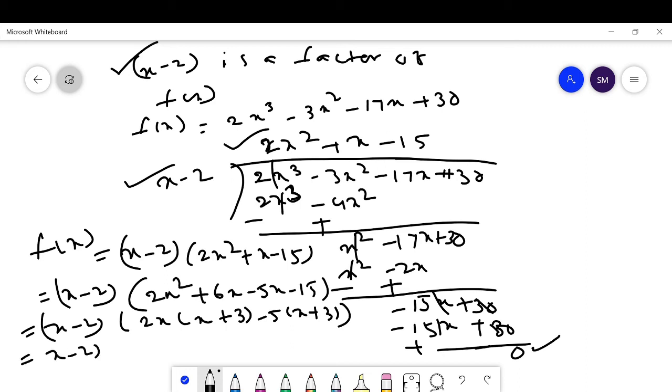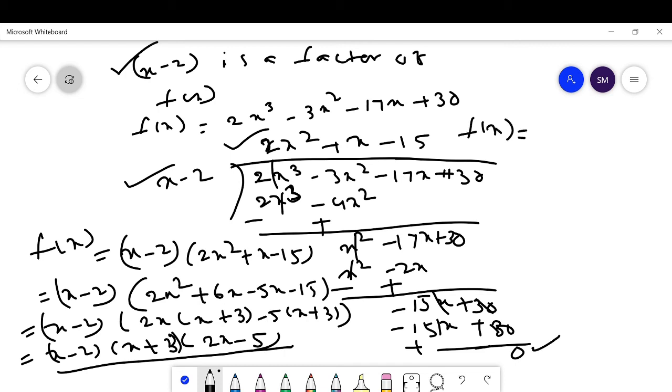Here this is x minus 2 into x plus 3 into 2x minus 5. Then the complete factorization of f(x) is x minus 2 into x plus 3 into 2x minus 5.